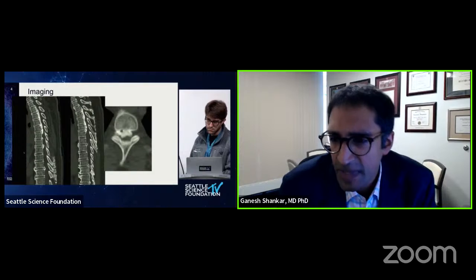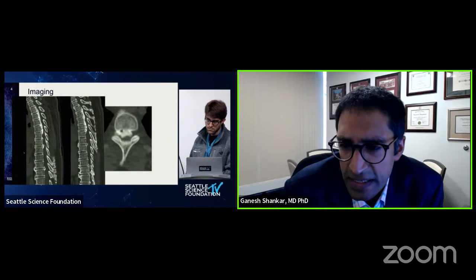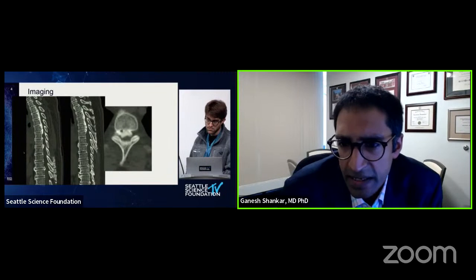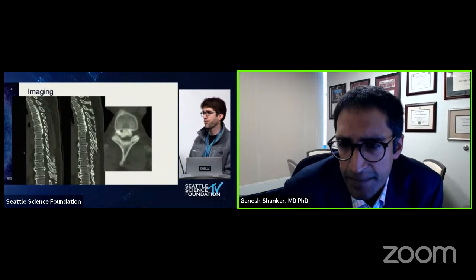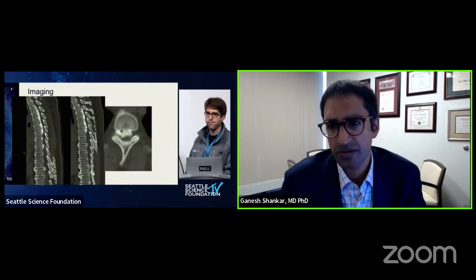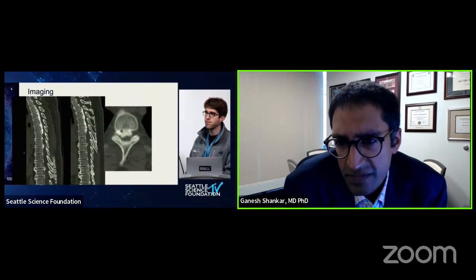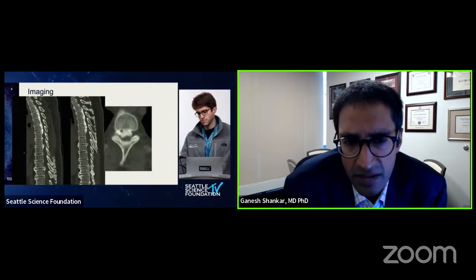Even when we see OPLL in the cervical spine, I'm very hesitant to go with an anterior approach, because I do feel that oftentimes when we see OPLL, there is an implied calcification and very tight adherence to the dura. And so in the few times that I have addressed OPLL anteriorly, I will have at least a partial thickness dural dehiscence, if not a full thickness dehiscence, and it can become a nightmare. And so I think it's very similar here.